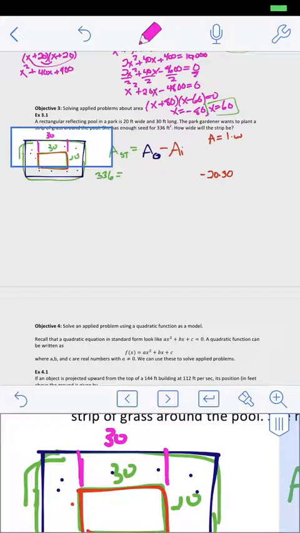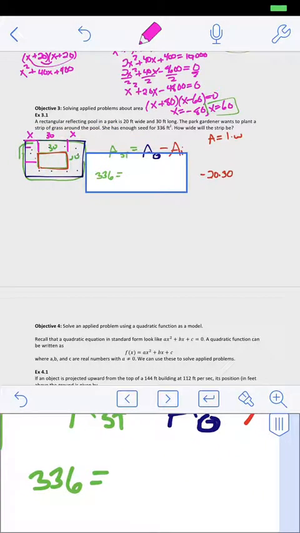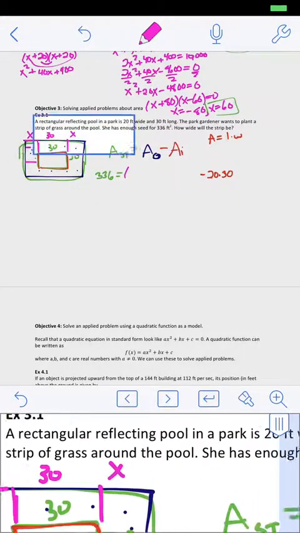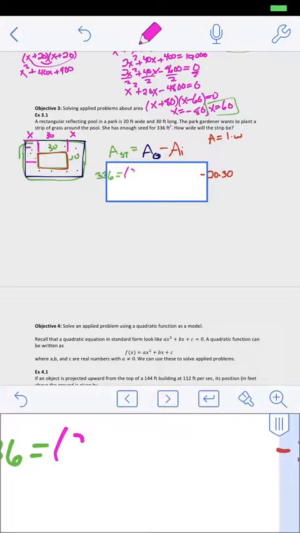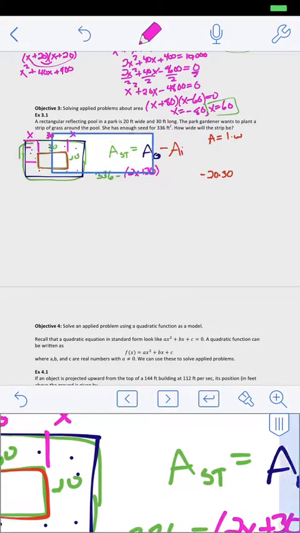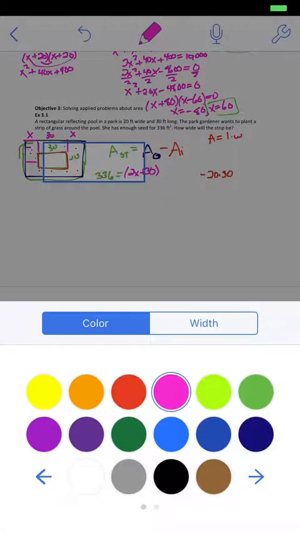And then over here on the edge, this edge part right here is going to be the same as the width around the grass. So we can call it x and another x. So the top of this rectangle is going to be 2 x's and 30. In other words, the length is going to be 2x + 30. We can come up with the same kind of situation for the width, right?